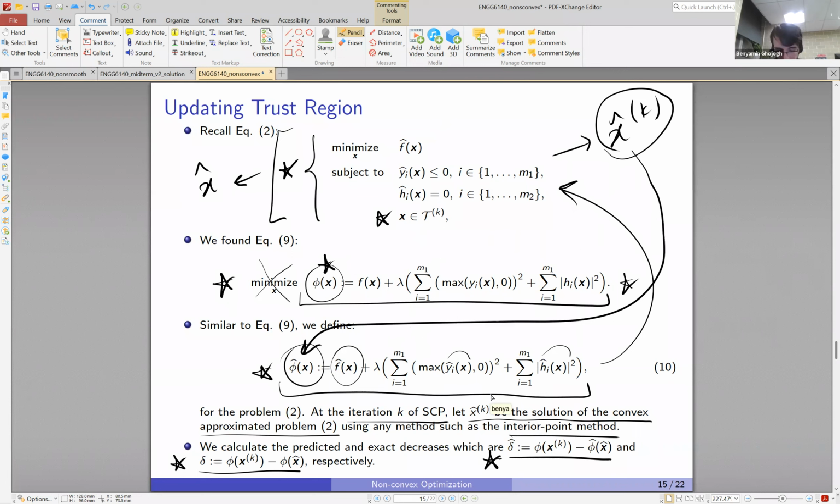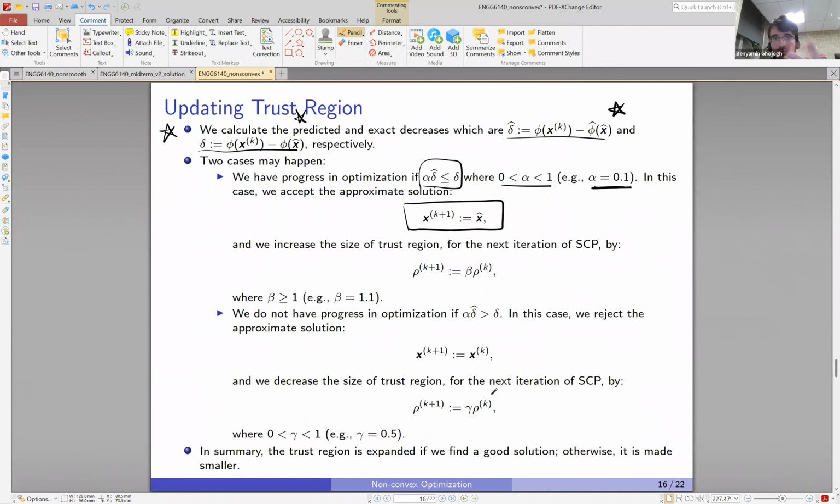Of course, we want phi of x to be similar to phi hat of x, which is the approximation. But we can have two types of errors, as we have here. Phi of x k is the cost up to the solution of the previous iteration. That's why in the first term of both of these errors we have phi of x k.